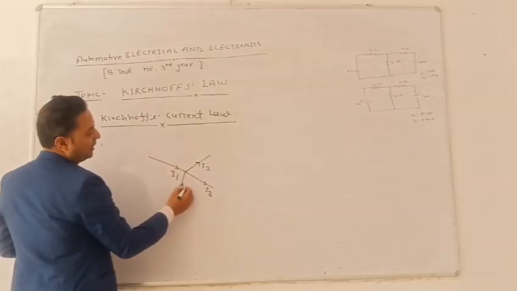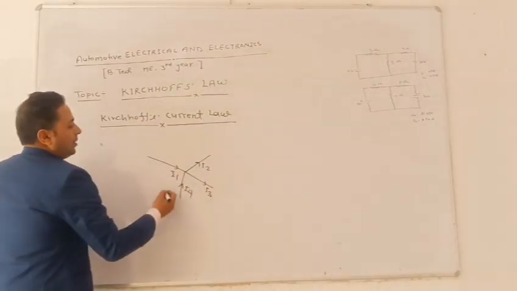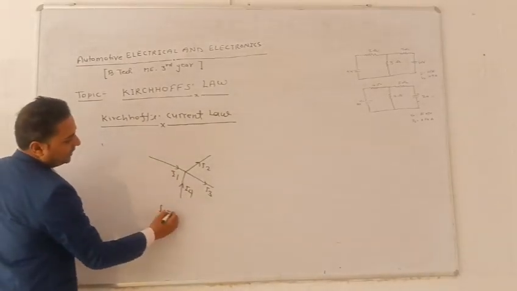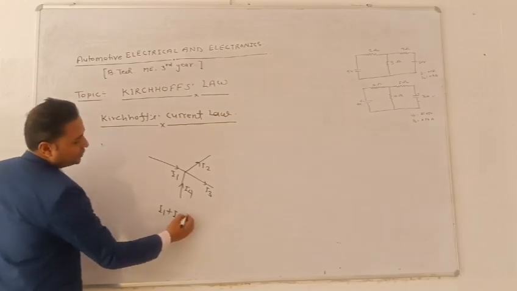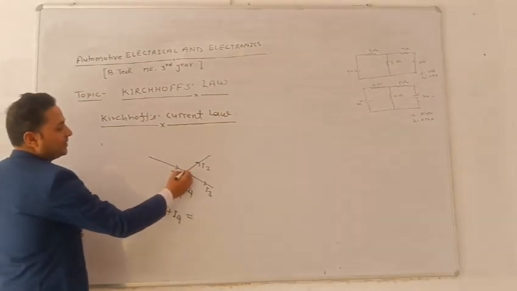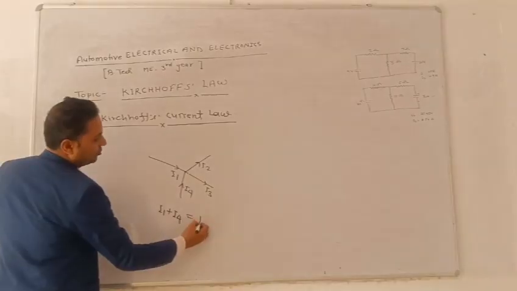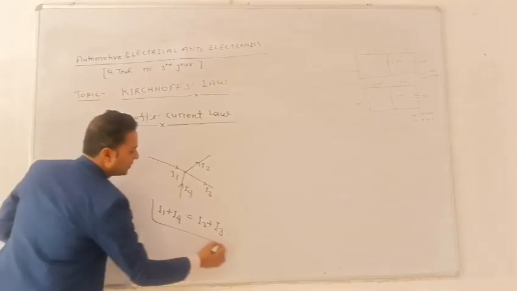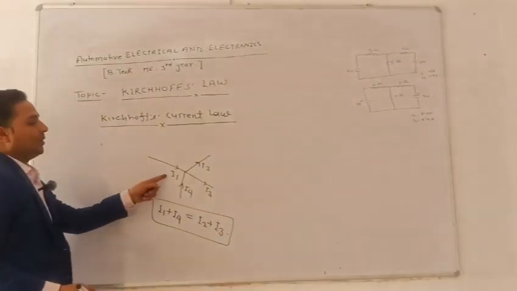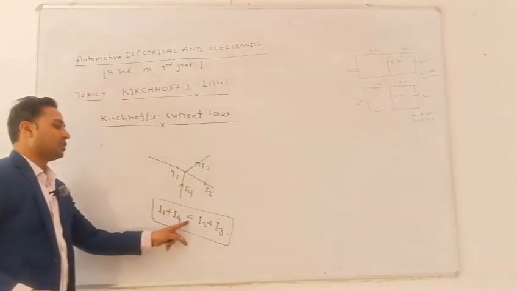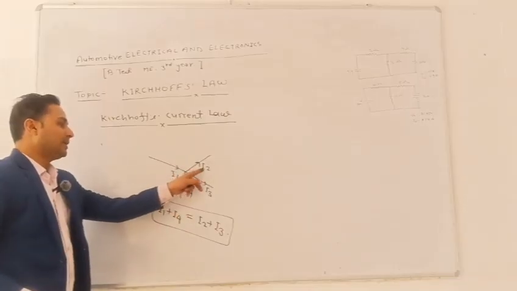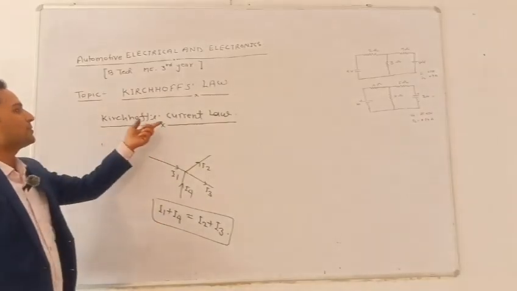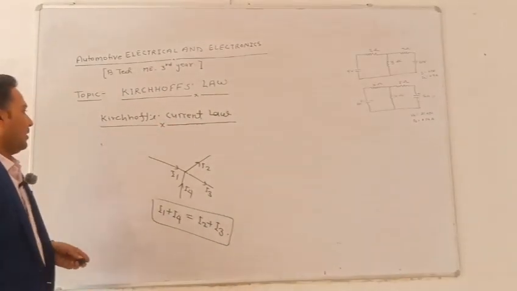I1 and I4 are entering currents, and I2 and I3 are leaving currents. So I1 plus I4, the entering current, is equal to the leaving current, I2 plus I3. This is the basic rule of Kirchhoff's current law.